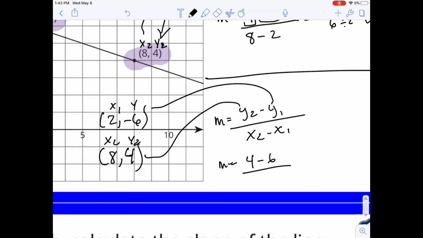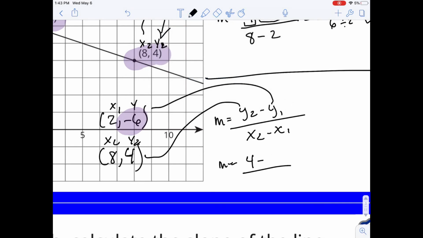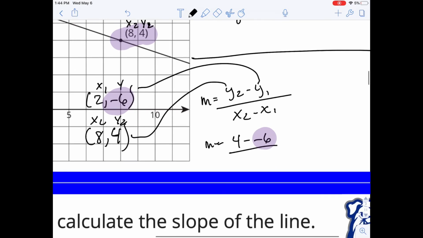The 6 is negative, so we need to make sure that we put in an extra negative. So -6. Even if it's negative, you still got to put the sign. And if you remember from last quarter, putting two negatives together makes them both positive, which would give us +10.